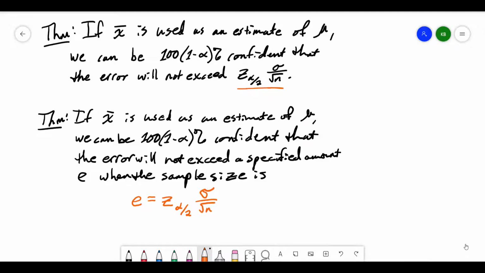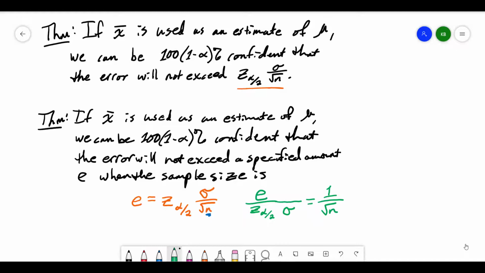So all I'm doing is going to solve for my sample size right here, and I'm going to have the result of this theorem. So doing that, I'll have E divided by z sub alpha divided by 2 divided by the standard deviation is going to equal 1 over the square root of n.